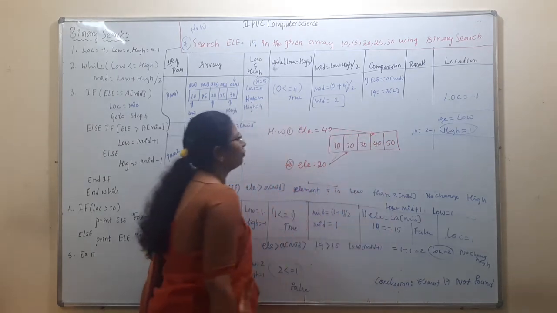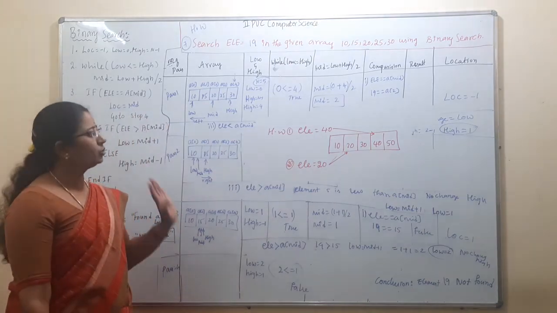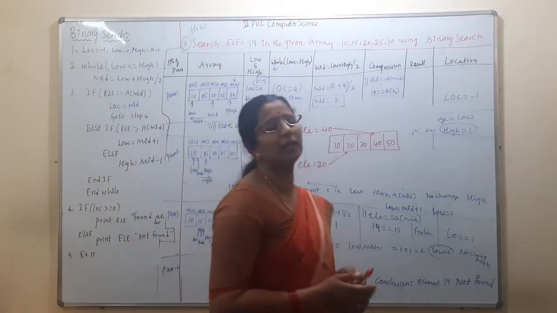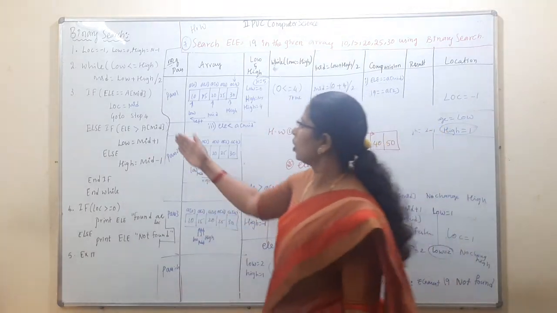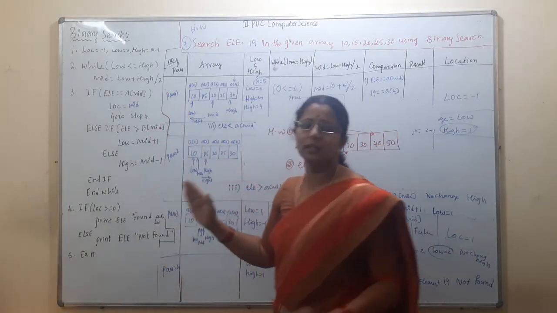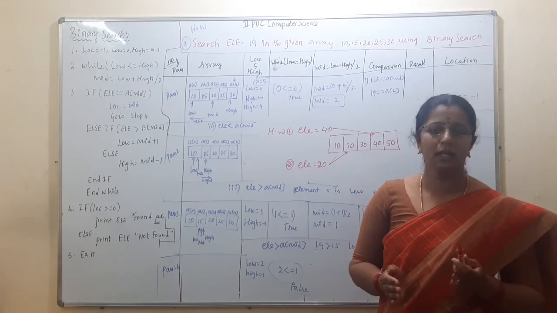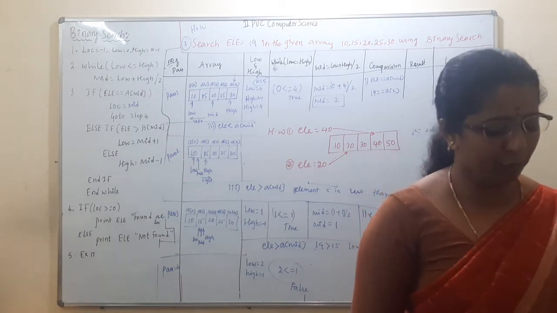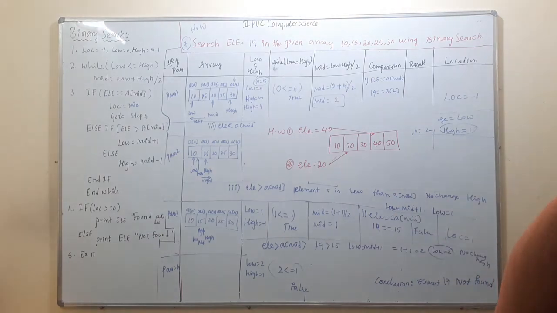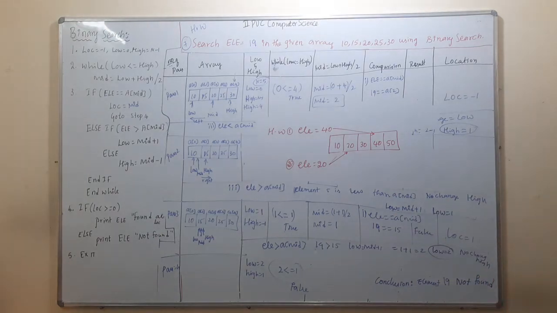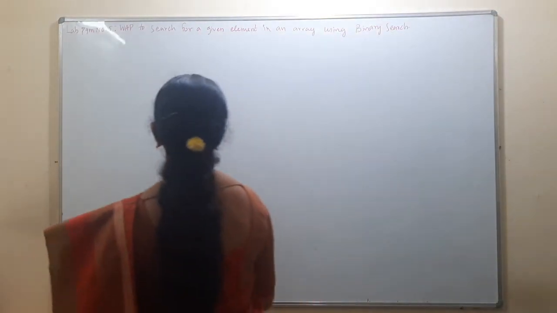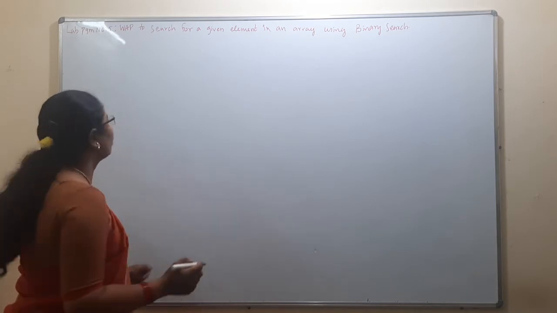You just solve those 2 problems, and definitely you will come to know binary search completely. If you apply this, then it is easy to write the program. Okay students, I'll check the time, and if possible I'll finish up the binary search. Yes, time is there. We'll finish up the binary search program.